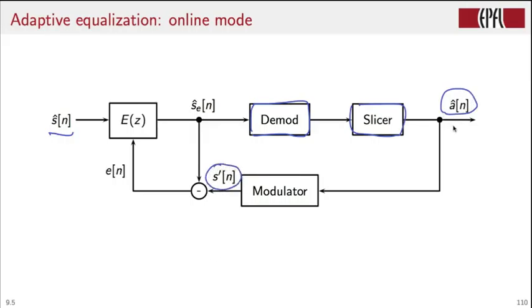Now, of course, errors might happen in the slicing process, and so this local copy is not completely error-free. But the assumption is that the equalizer is already doing enough of a good job to keep the number of errors in this sequence sufficiently low, so that the difference with respect to the received signal is enough to refine the adaptation of the equalizer and especially to track the time-varying conditions of the channel.